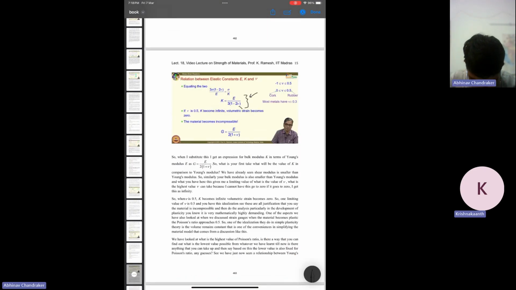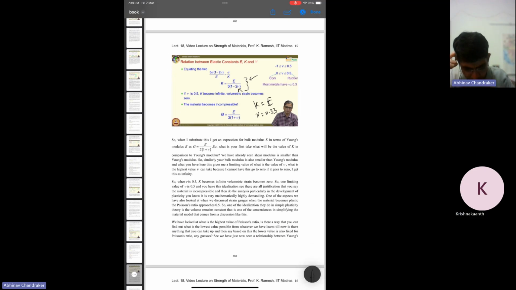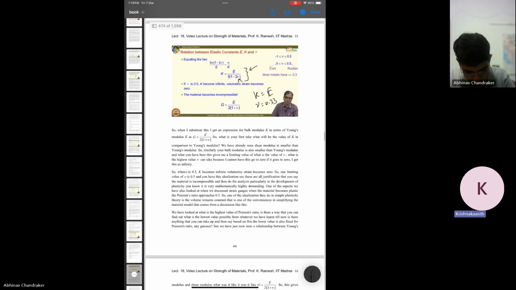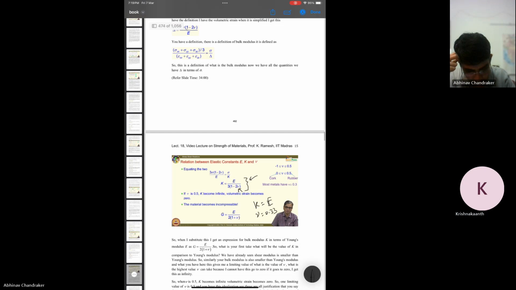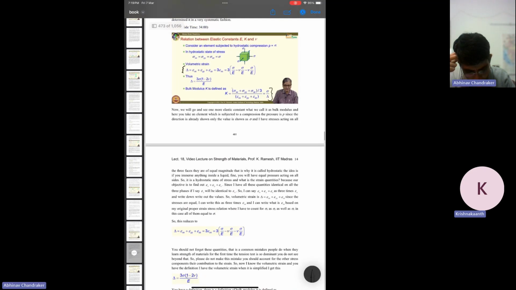And if mu is 0.33, then this becomes K equal to E, right? Then there might be something wrong. I'm getting 69.38 only. I don't know how it got that much, sir.